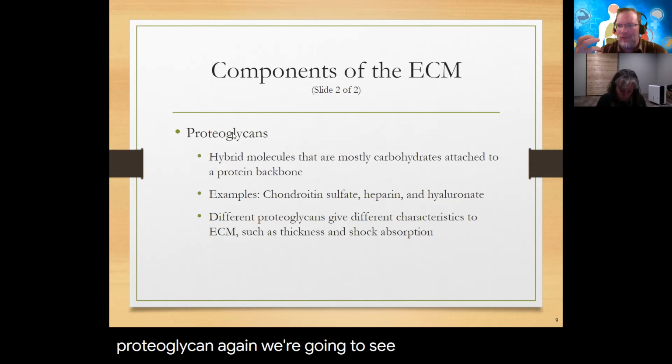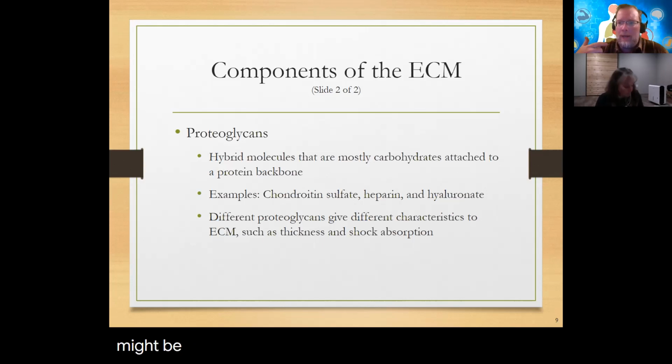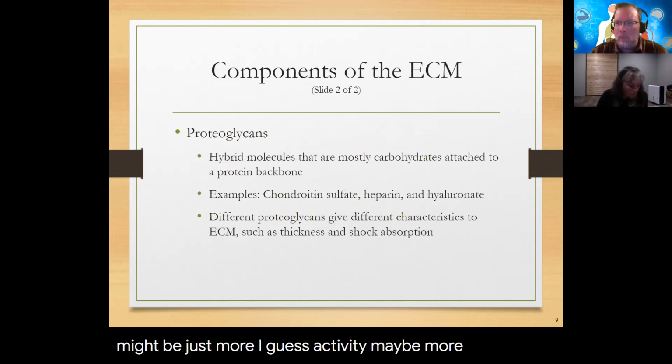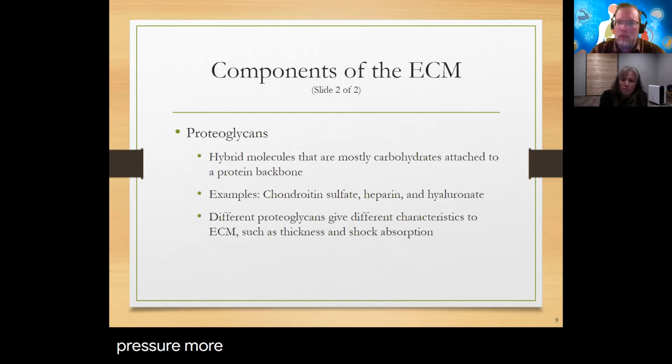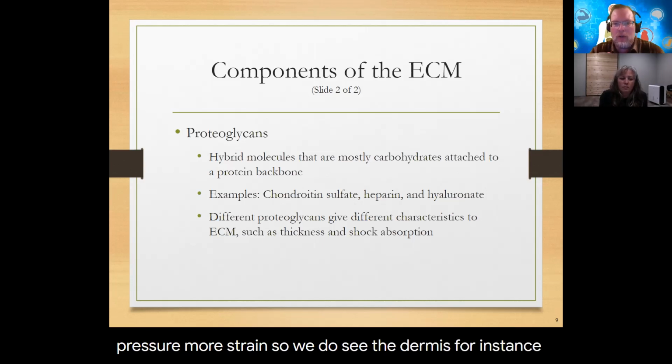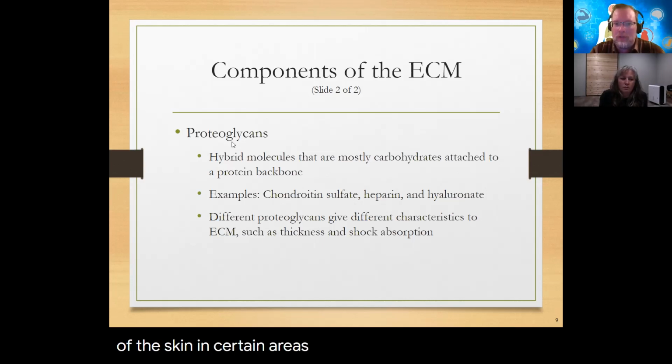Usually when there's more structure in the matrix, probably the more need for shock absorption, since there's more activity, maybe more pressure, more strain. So we do see the dermis of the skin, for instance, in certain areas is full of stuff in the matrix, because the skin puts up with a lot of stress and a lot of strain.